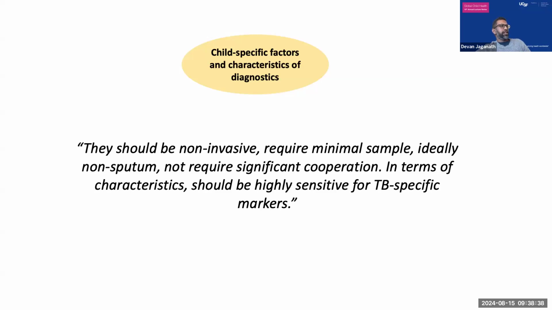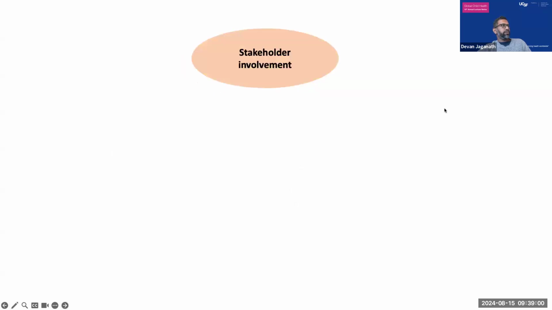As I highlighted before from the target product profile, one participant highlighted that it should be non-invasive, require minimal samples and non-sputum, and somewhat easy to collect, and really should be more sensitive for some of these markers in order to capture more children.